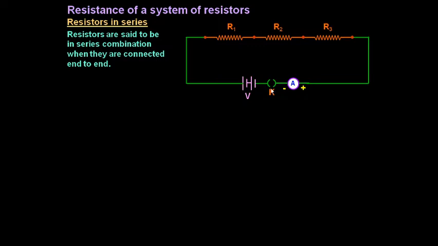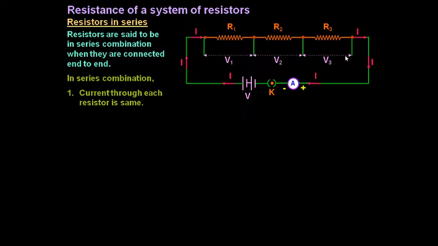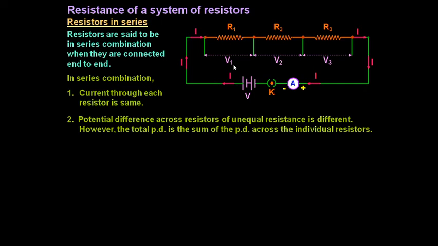An ammeter is connected here, and a battery of potential V is connected, which provides the potential difference. When the key is closed, current starts flowing through R1, R2 and R3. So in series, the same current flows, but the total potential of the battery is divided across the individual resistors: V1 across R1, V2 across R2, V3 across R3, such that total potential V is equal to V1 plus V2 plus V3.